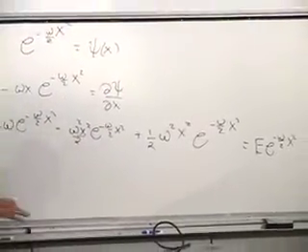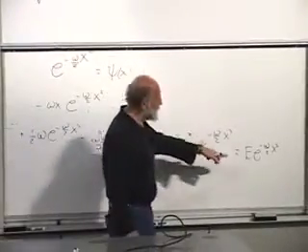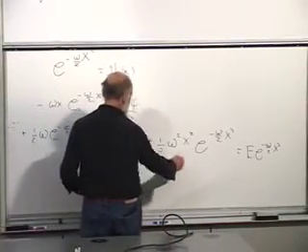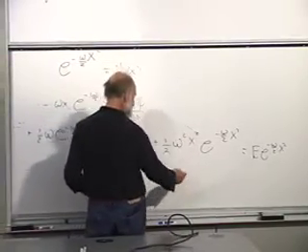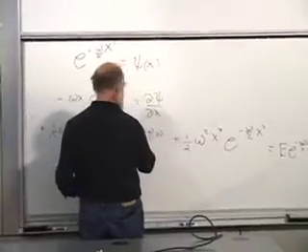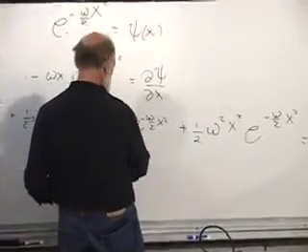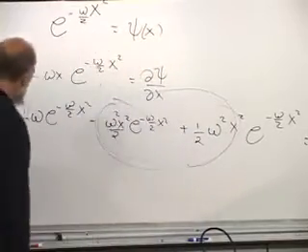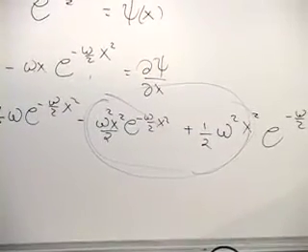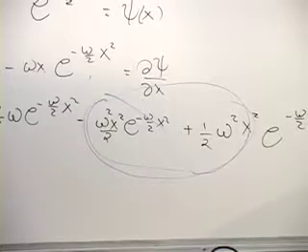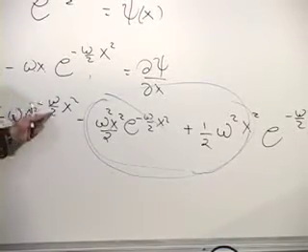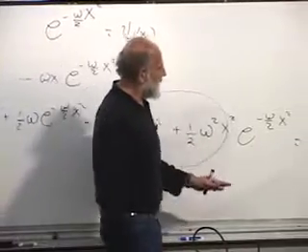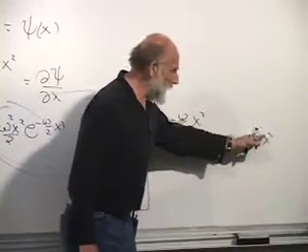So quite independently of what the eigenvalue is over here, these two cancel. We don't have to worry about them. They're gone. What's left is 1/2 omega e to the minus omega over 2 x squared equals e times e to the minus omega over 2 x squared.